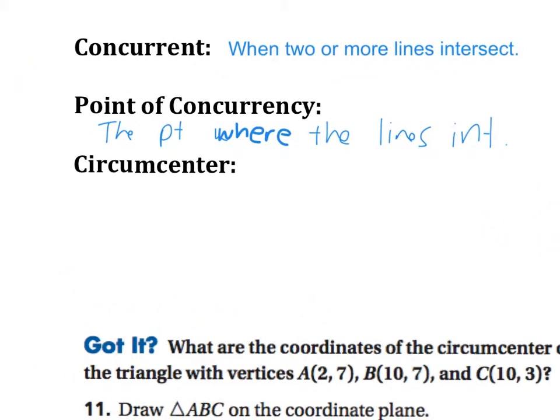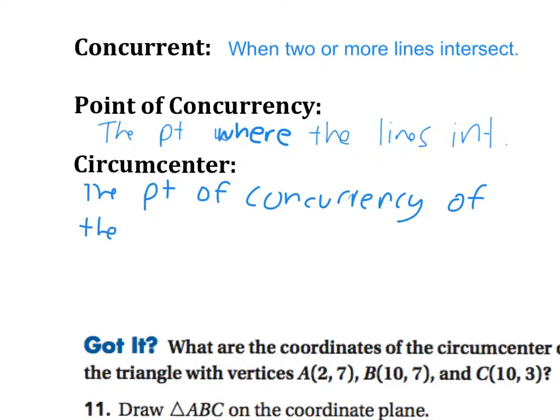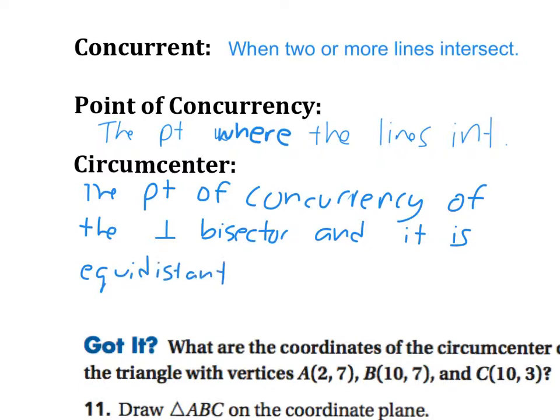So what's a circumcenter? The circumcenter is the point of concurrency of the perpendicular bisectors, and it is equidistant from the vertices.